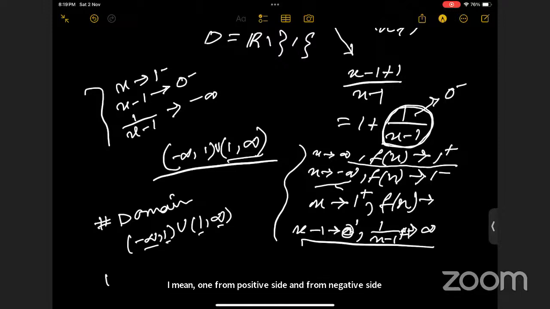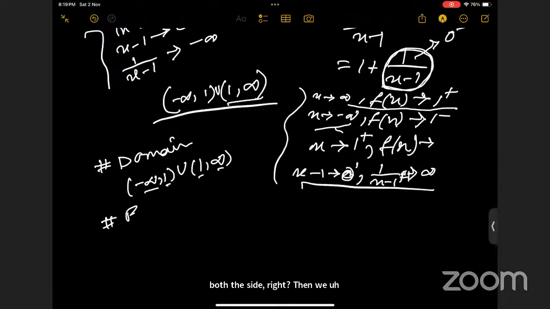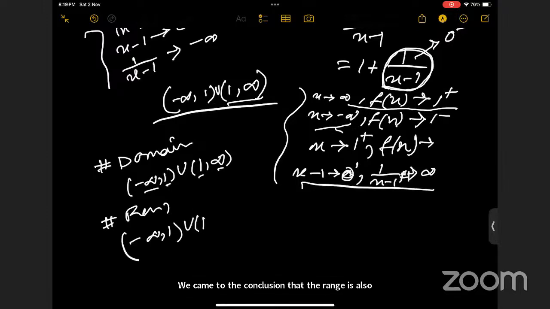Then we came to the conclusion that the range is also minus infinity to 1, union 1 to infinity. So these are the steps. Just follow these steps and you can calculate the domain and range for any function. Do you have any doubt regarding this process?